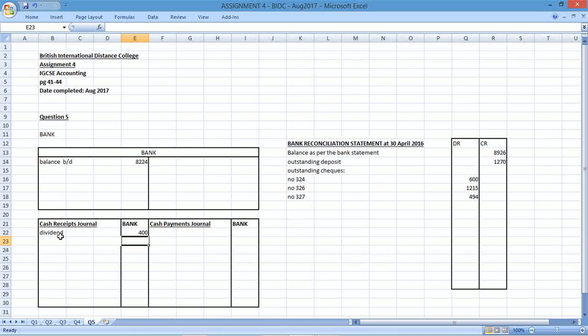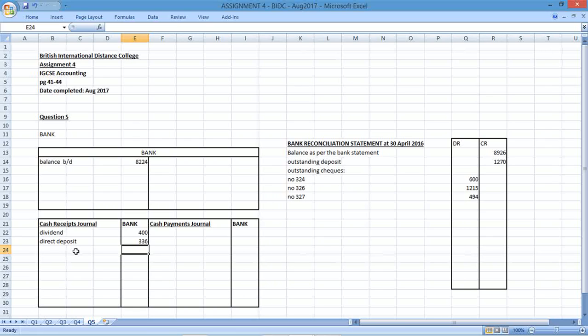This was amounts that were entered in the bank statement but not in the cash book. An amount of 336 received by bank credit transfer from A Kimber. So that's a direct deposit. So that would have been here, direct deposit, 336. It came from A Kimber.